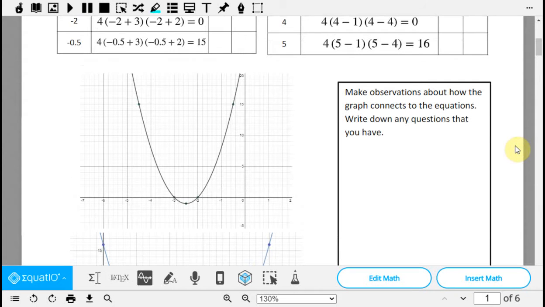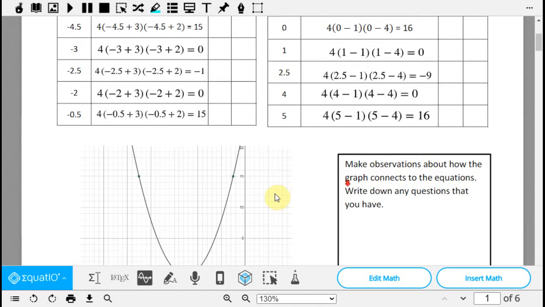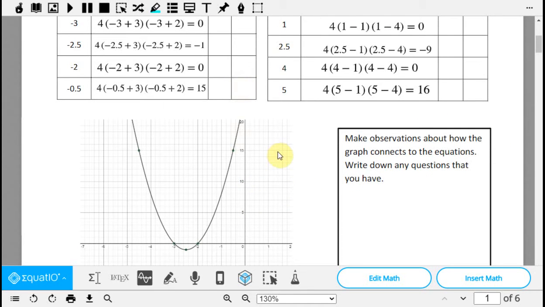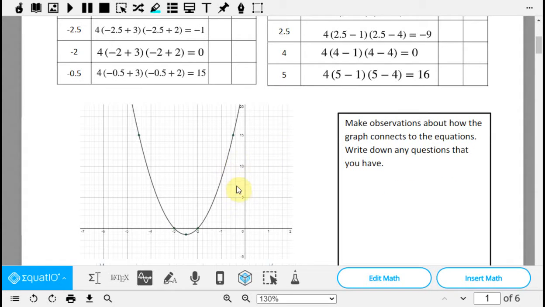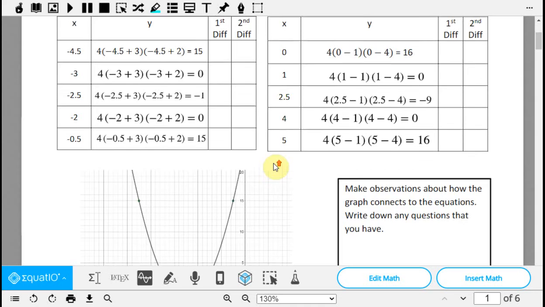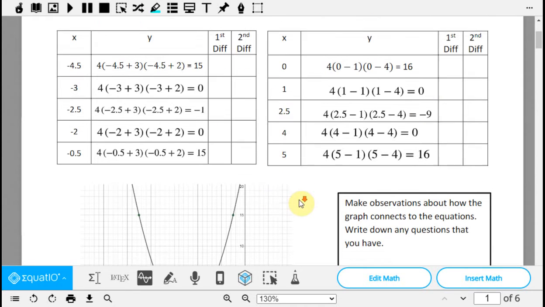Now that we have both graphs in here, we can make some observations. So what I'd like you to do is take a moment and look at the graphs, look at your table, and see what observations you can make between this graph and that table. And then when we're done that, we'll take a look at what's called first and second differences.